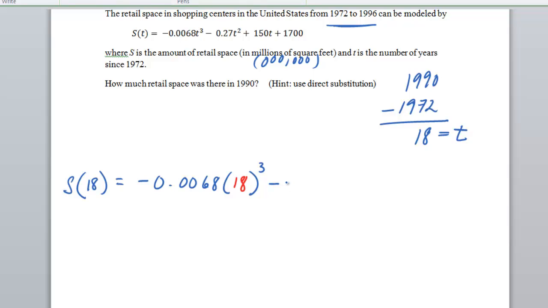And so then we have negative 0.27 T squared. Again, 18's going in for the T, plus 150 T, and again I'm using parentheses all the way through just to stay consistent, and then plus 1700.